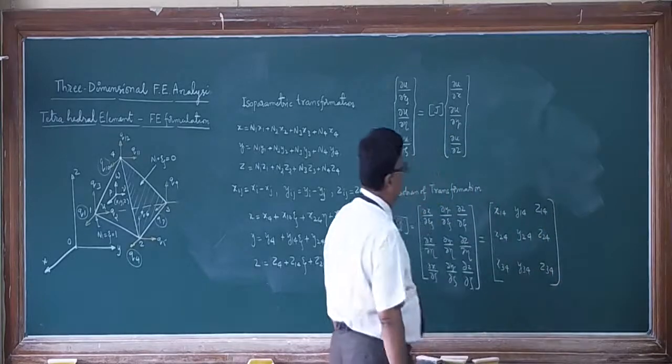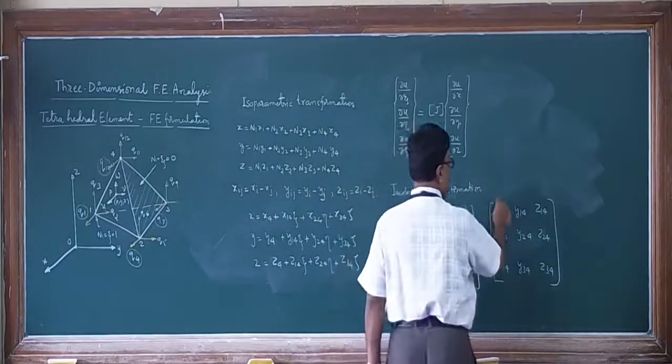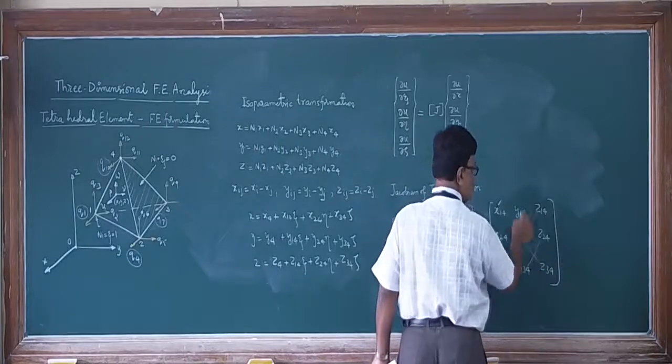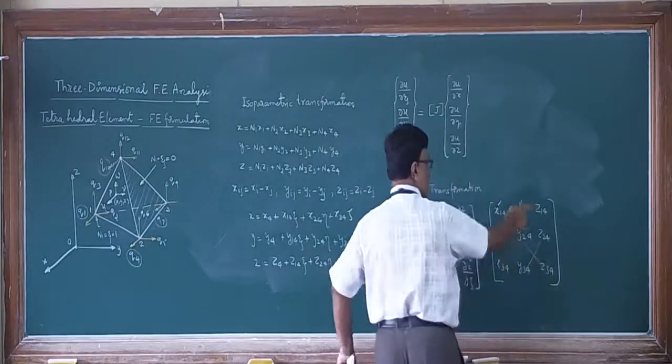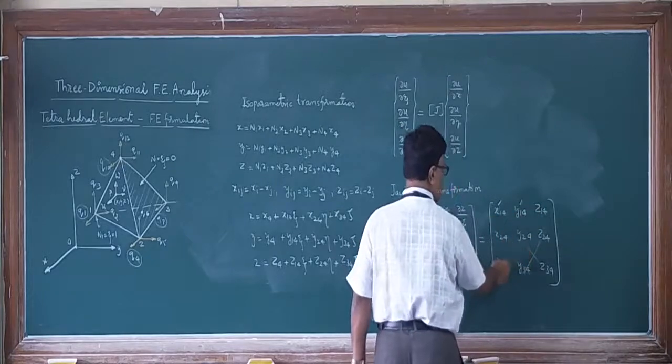Of course, the determinant of this is what? You take this into this minus this into this, with the sign minus 1 raised to n, and so on.